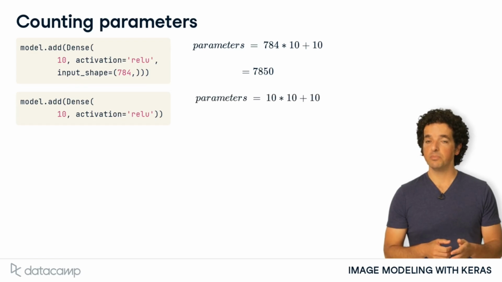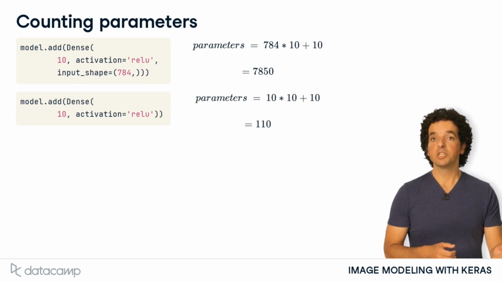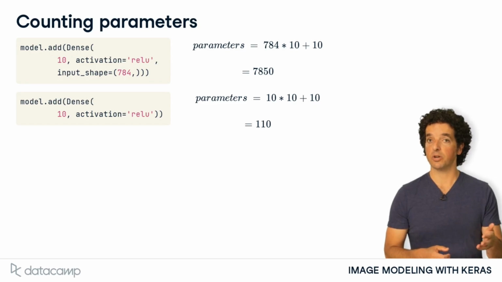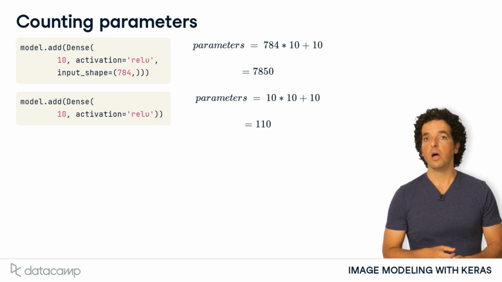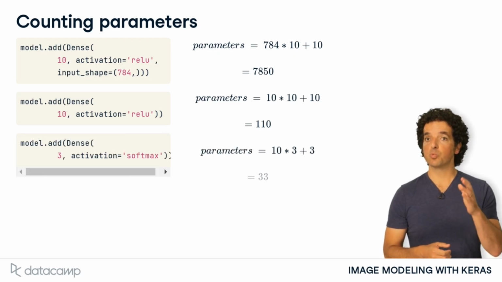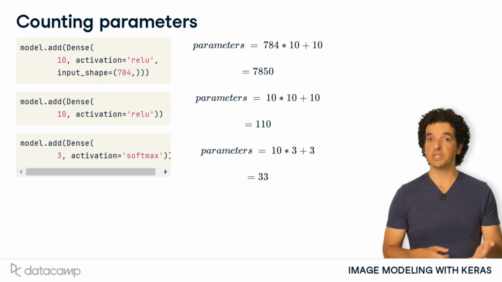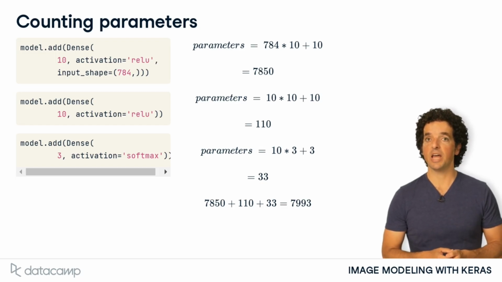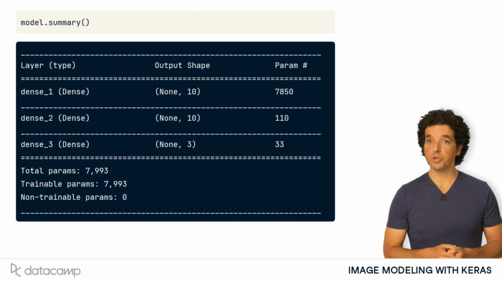In the second layer, there's one parameter for every unit in layer 1, times the number of units in this layer, plus 10 parameters for bias terms. The last layer has one parameter for every unit in layer 2, times the 3 units in this layer, plus 3 bias terms. That's why the total number of parameters is 7,993. And that's what the summary shows us here.